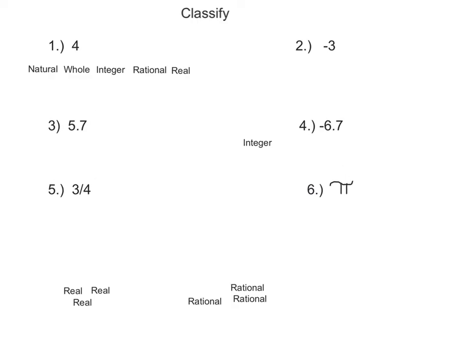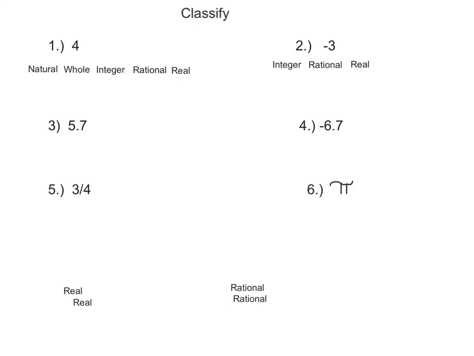It's an integer because it is a negative number and it does not have a decimal. After integer, the next classification is rational because if it's an integer, it's also rational, and all numbers are real.